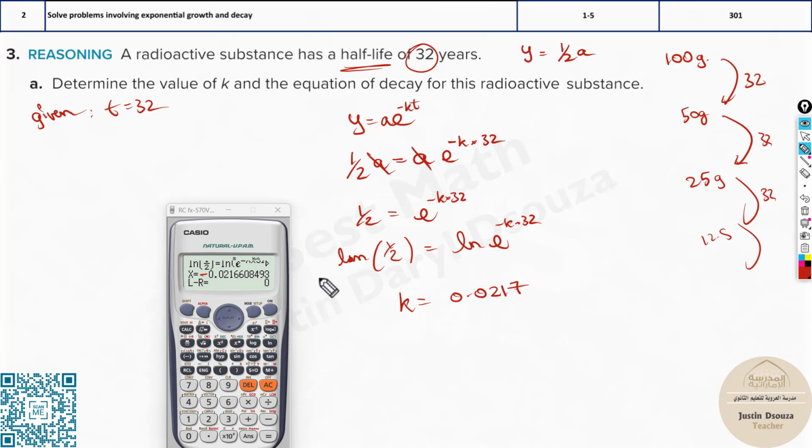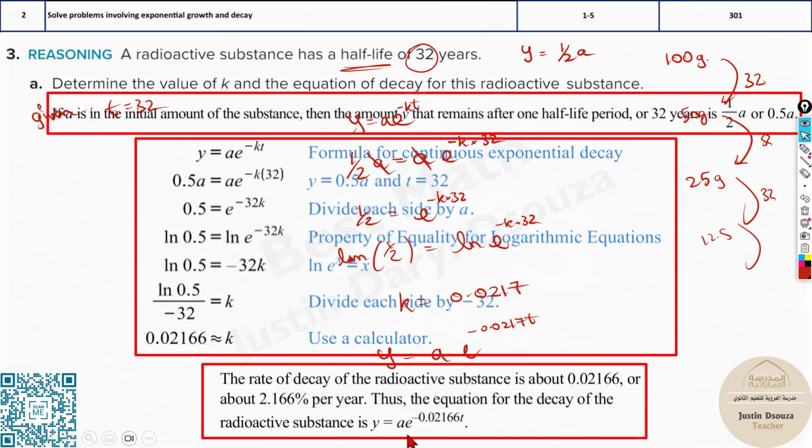If over here we have a minus, then you have to put the minus, otherwise that's it. So this is the k value. Now we will write the given equation. Y equals a e to the power minus 0.0217 t. So this is it. Now you can see that's the answer.